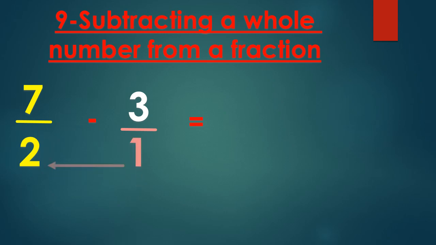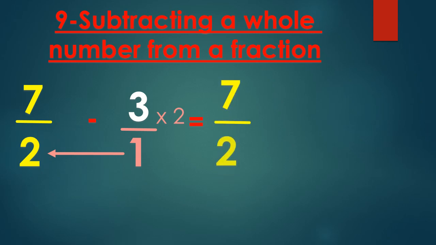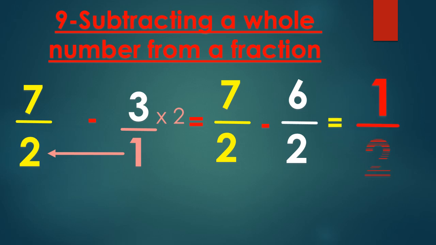The 1 can be changed into 2 by multiplying it by 2. So we multiply the whole fraction by 2. The first fraction remains as it is, 7 over 2, minus the second fraction multiplied by 2 will become 6 over 2. Now they both have the same denominators, so the answer is 1 over 2.